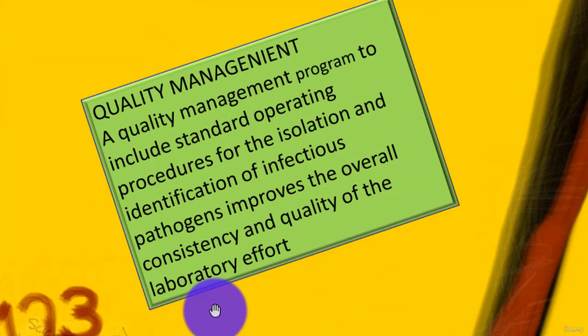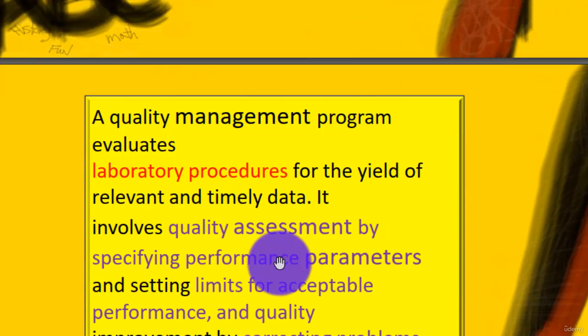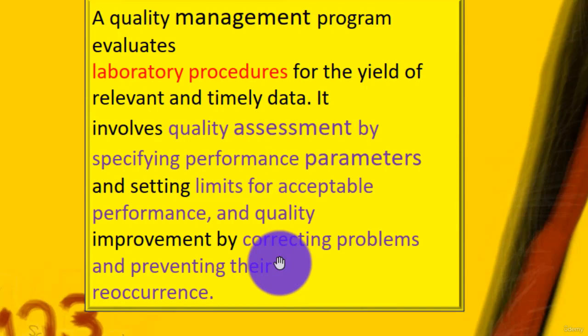Quality management: a quality management program, to include standard operating procedures for the isolation and identification of infectious pathogens, improves the overall consistency and quality of the laboratory efforts. A quality management program evaluates laboratory procedures for the yield of relevant and timely data.